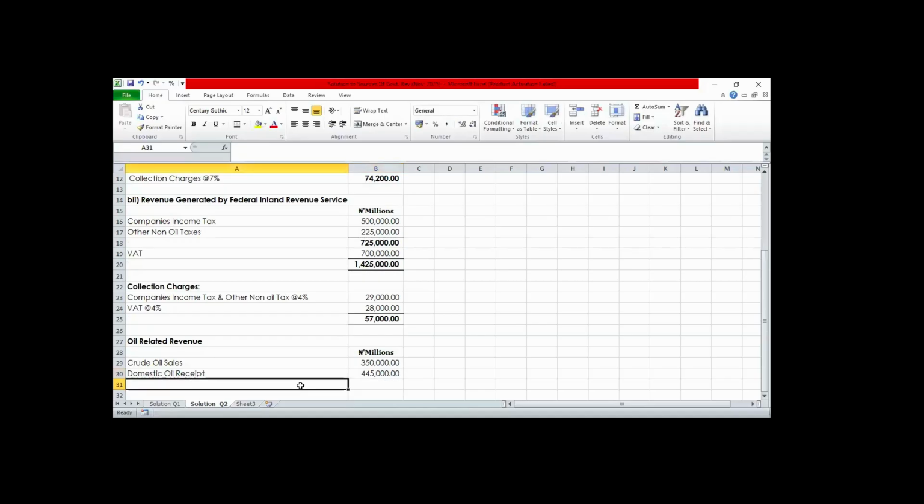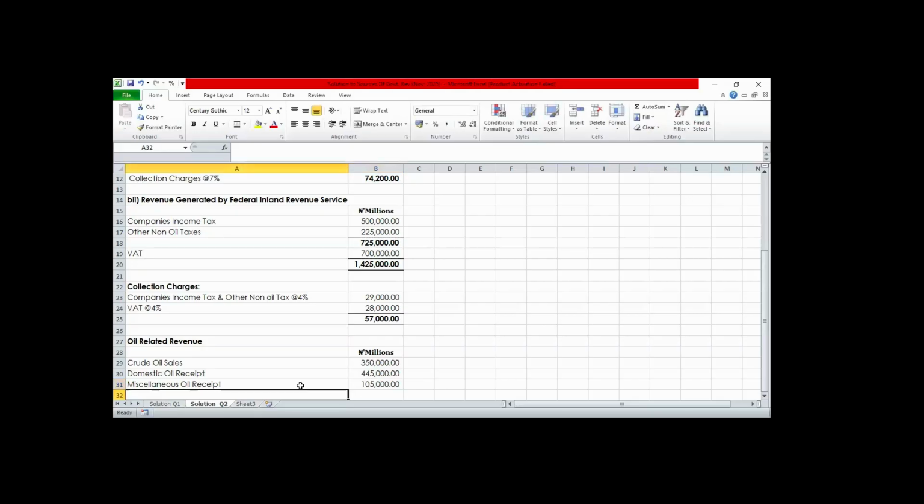The next one, miscellaneous oil receipts. How much is that? 105,000.